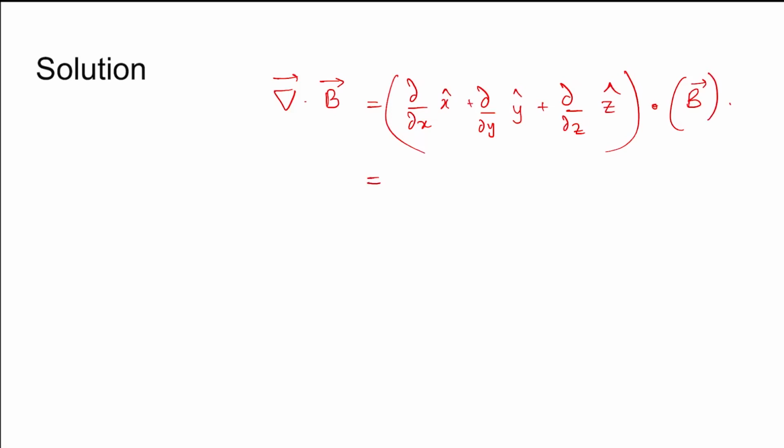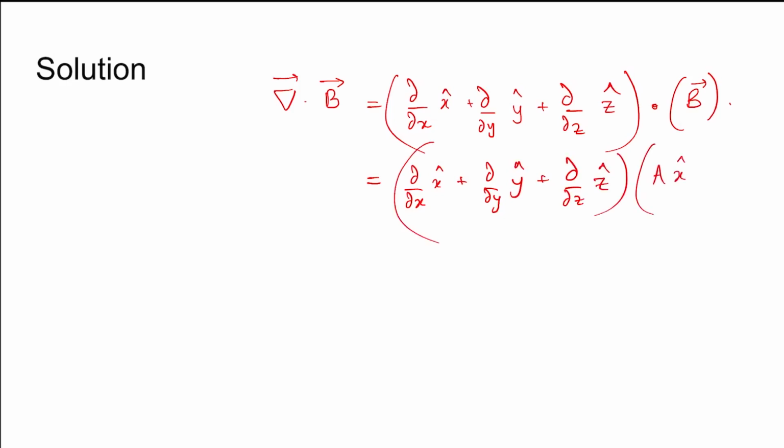Now if the magnetic field vector is a x hat plus b y hat plus c z hat, then d dx of a plus d dy of b plus d dz of c is the answer.